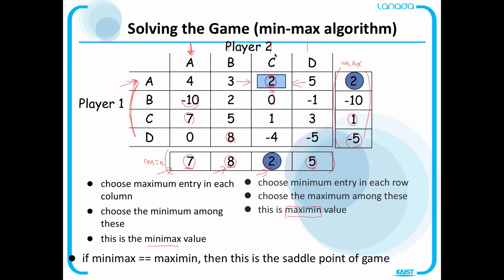Here player 2 will choose C, and player 1 will choose A, and that is based on the belief that I mentioned in the previous slide. And mathematically or algorithmically, this is checking whether the minimax value is equal to the maximin value, and that is the saddle point. And we believe that this may be a good solution concept. Well, maybe some people may not agree, but that's quite reasonable.